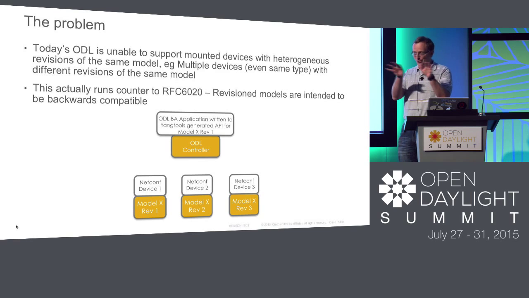Just to make sure that everybody's in the same room, we don't want to be in a situation whereby there's a new device in the network that supports a newer model, and we have to recompile the code through cut and paste because of a new revision date.